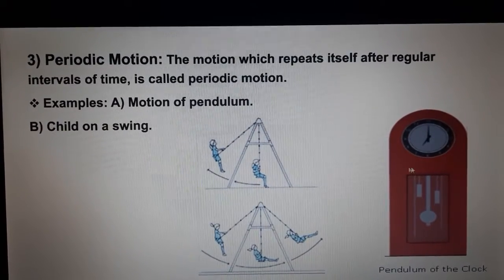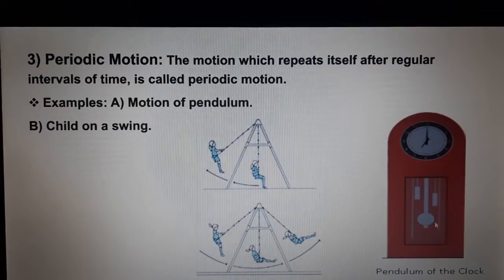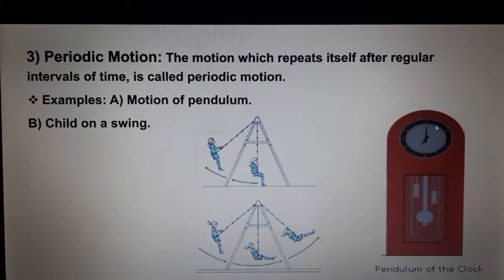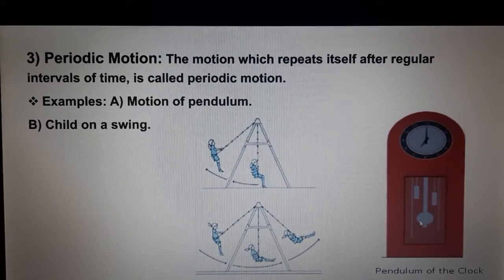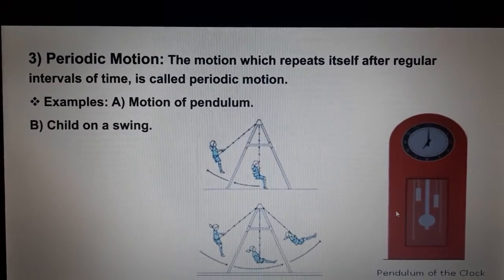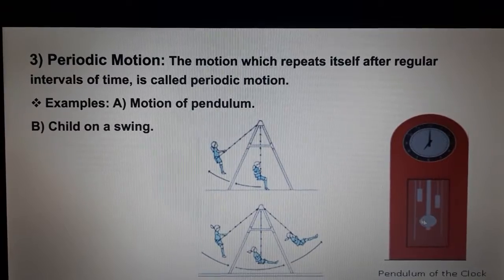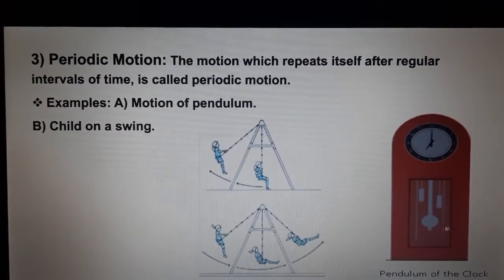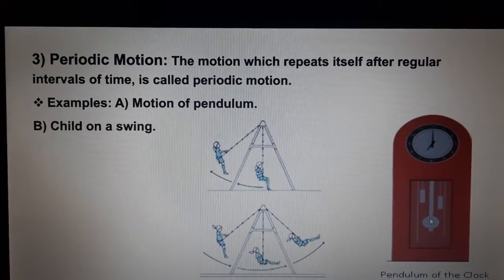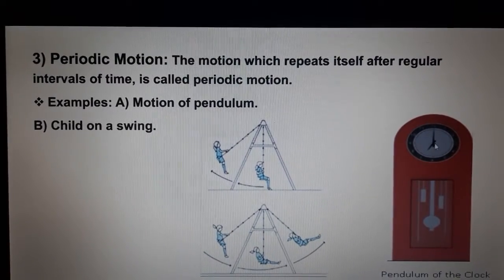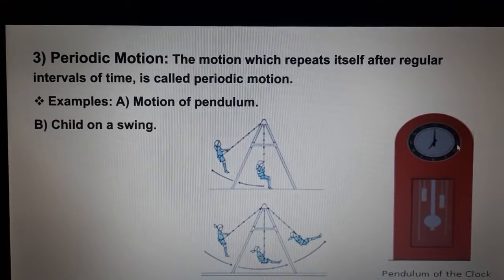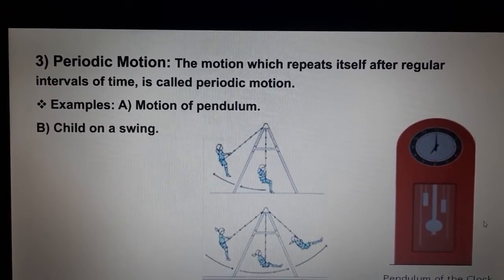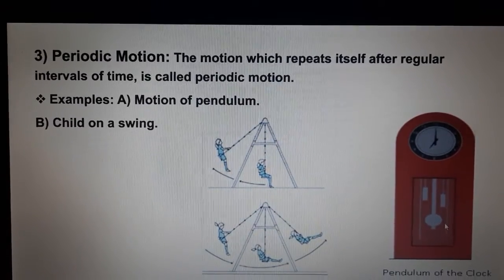So here you can see this particular pendulum here, when it is maybe at 1 o'clock, then this pendulum will go like this in a repeated way, periodic way, and then it will be in a periodic motion. For example, if it is at 3 o'clock, this will go for 3 times. So it is making a periodic motion.